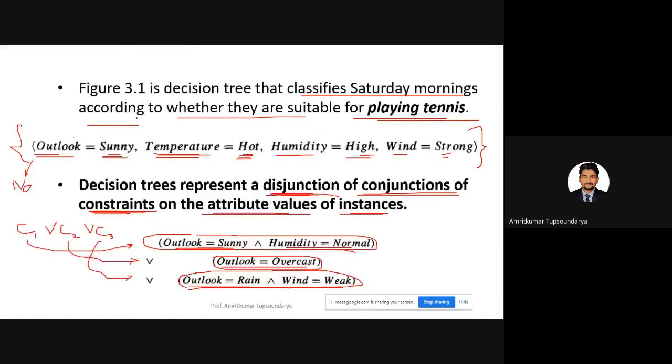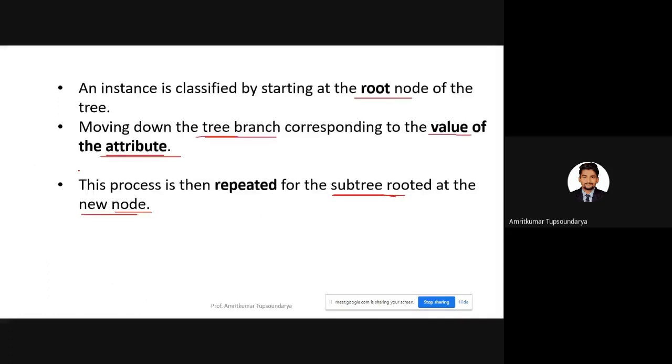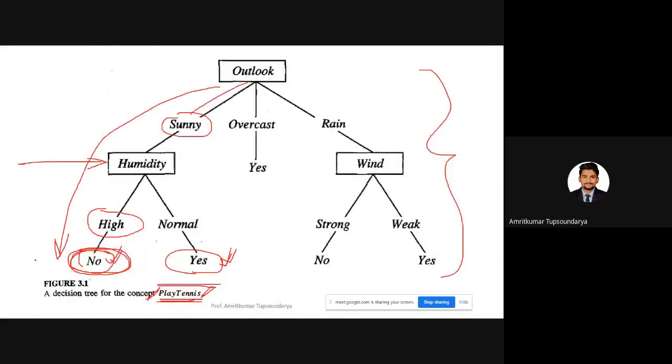And this was a simple instance that we took, with the constraint that attribute Outlook has value Sunny, attribute Temperature has value Hot, attribute Humidity has value High, and attribute Wind has value Strong. When we traverse the tree, we end up with the classification for this target concept as No, a negative classification.